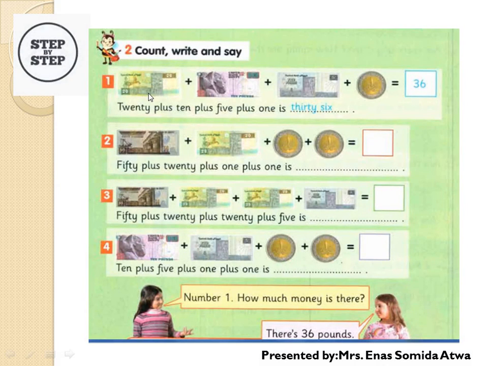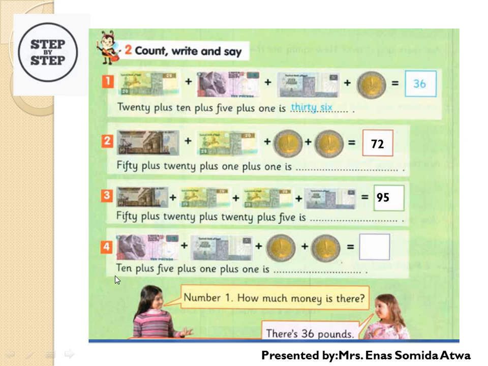طيب لما نيجي نعد كده، كلنا شاطرين في العد وفي الشراء ما شاء الله. خلينا بقى مع بعض كده. 20 plus 20 plus 5 plus 1, 36. طيب number 2 50 plus 20 plus 1 plus 1. Yes, it will be 72. Number 3 50 plus 20 plus 20 plus 5 is 95.